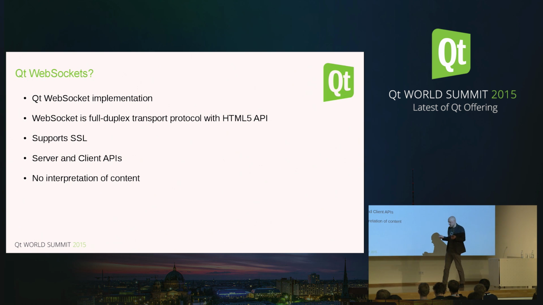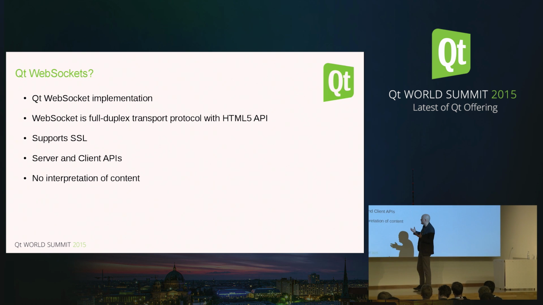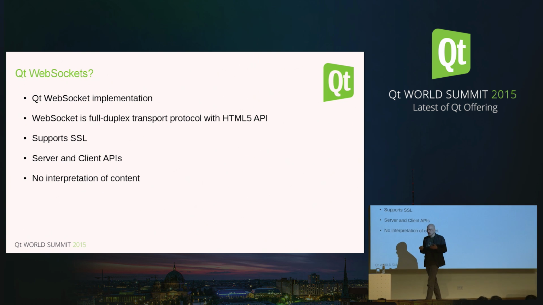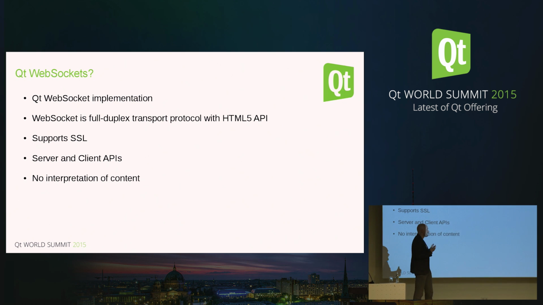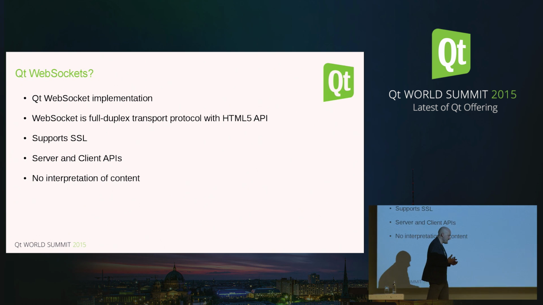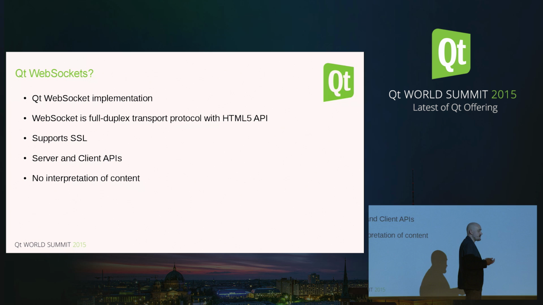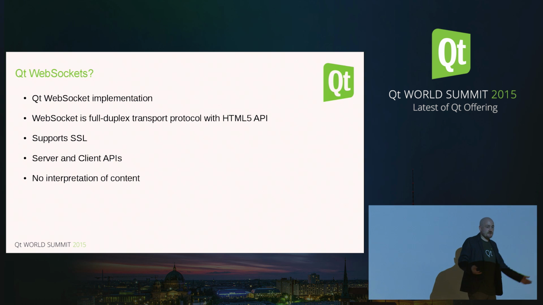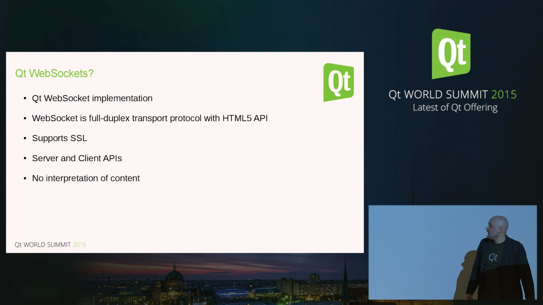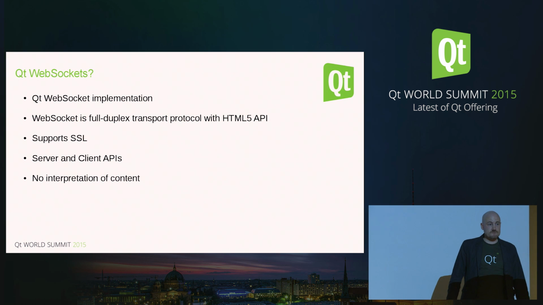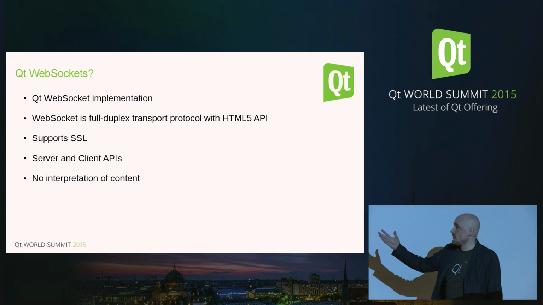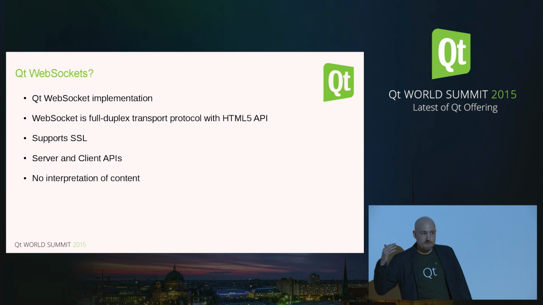But the nice thing about it is that it's an upgrade of HTTP, which means it has all the things that HTTP does. It goes through firewalls the same way. It has SSL support out of the box. And we have this module called Qt WebSockets, which ironically is the Qt implementation of WebSockets. Who would have thought? It doesn't do that much except communicate with WebSockets, but that is enough.